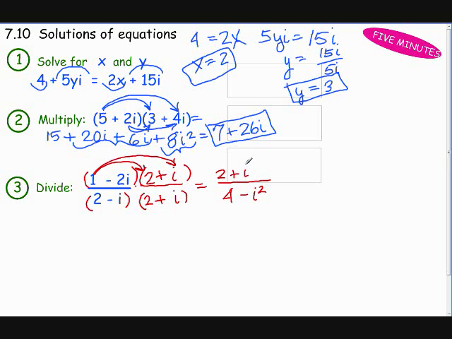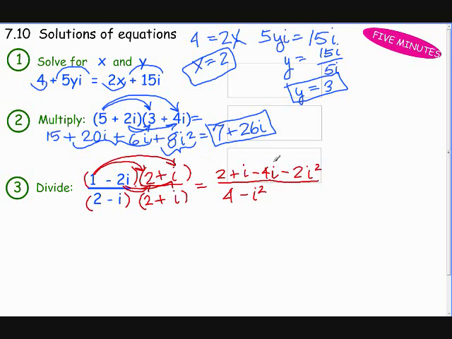I'll just write plus i. Then we'll do the inside, which is a negative and a positive, so that'll be a negative 4i. And then the last, a negative and a positive 1 will give us a negative 2, and it'll be i squared.